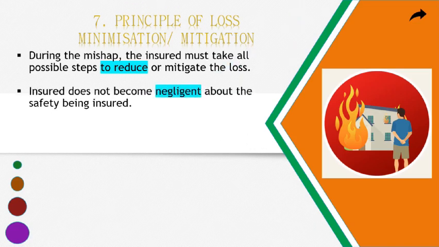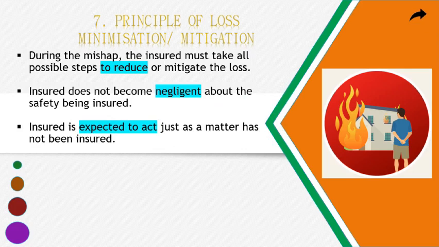The insured must not become negligent about the safety of the insured property. The insured is expected to act just as if the property had not been insured. The reaction of the insured towards the mishap must be the same as if he had not taken the insurance policy.